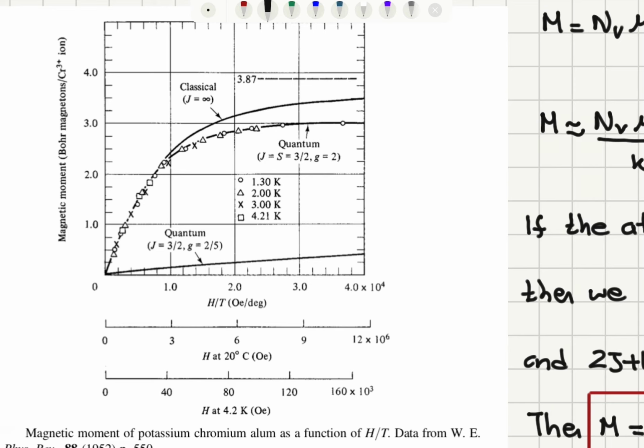The quantum limit has J equal to 3/2, g equal to 2, and for this one we see that the actual data completely agrees with the Brillouin function where J is equal to 3/2. So we can see that the classical result is not too far off, but especially for high magnetic fields and low temperatures, the difference between classical and quantum result is increasing.